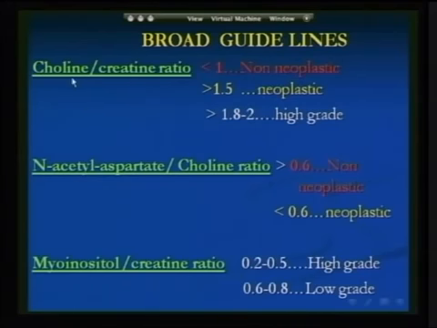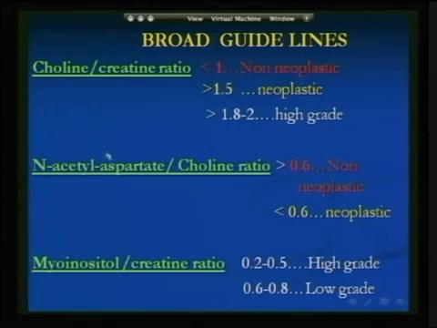Usually, when the choline is raised, this denotes bad things: the cells are multiplying, denoting a tumorous effect. So whenever the choline is high, it goes towards neoplastic. Choline/creatine less than 1 is non-neoplastic, more than 1.5 neoplastic, near 2 it is high grade.